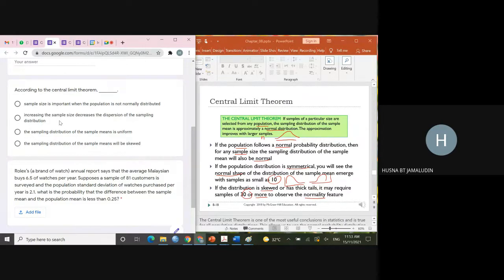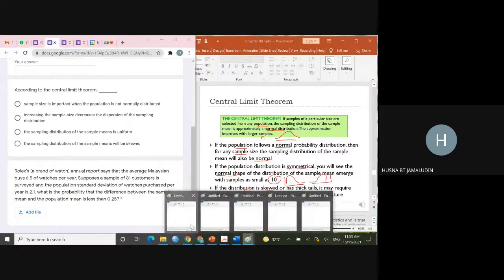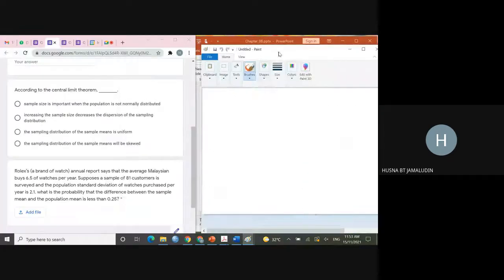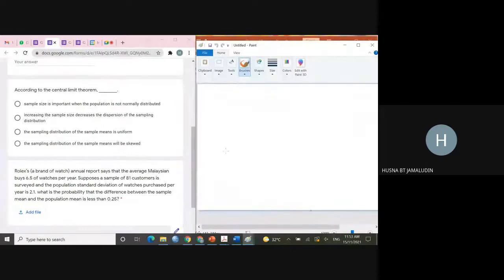So increase means that when you keep increasing the sample... Central limit theorem says that your estimation will be close to normal distribution, right? And when you keep increasing the sample size, the n, basically your estimation will be better.